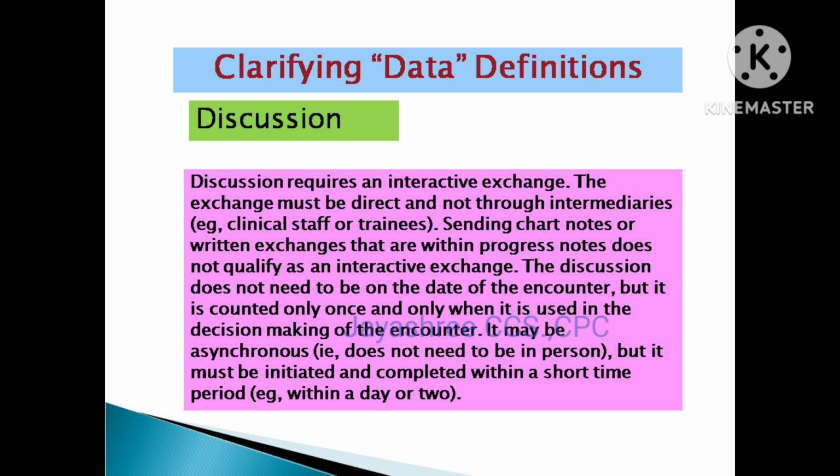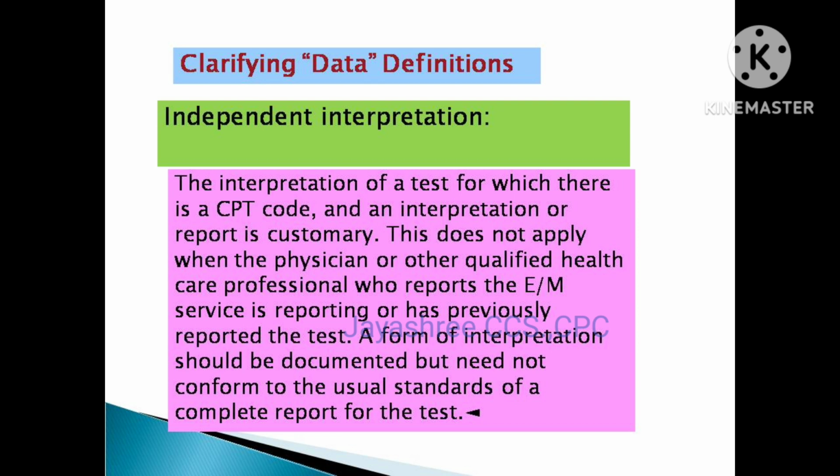Okay. So what is independent interpretation? Independent interpretation is interpretation of a test for which there is a CPT code, and interpretation of the report is customary. This does not apply when the physician or health care professional who reports the E&M services reported or has previously reported the test.